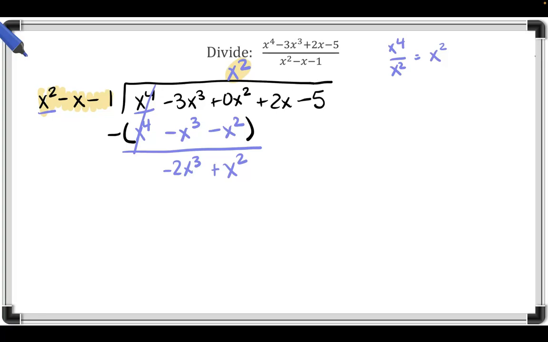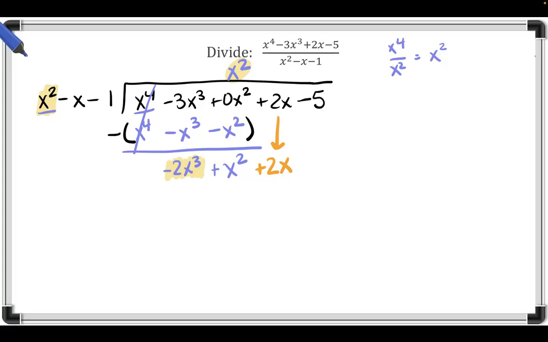Now we're going to drop the next term down. So we have one more term to deal with here, okay? And you're going to repeat your steps. I'm now going to take my first term, which is right here, and divide it again by this term here.